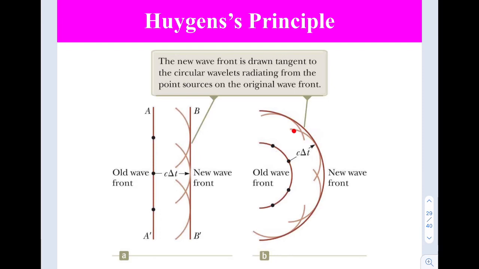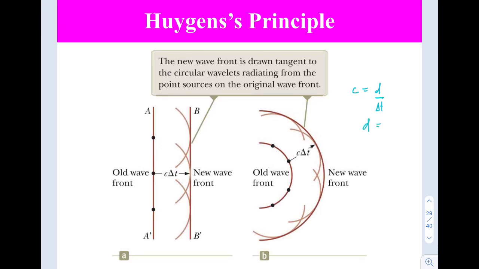This point source is going to produce another spherical wavelet. The distance traveled from this point source to this wavelet at any instant is equivalent to C delta T, based on speed C being equal to distance over time taken.